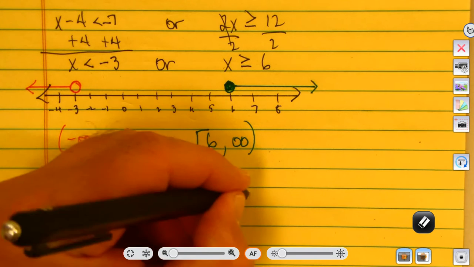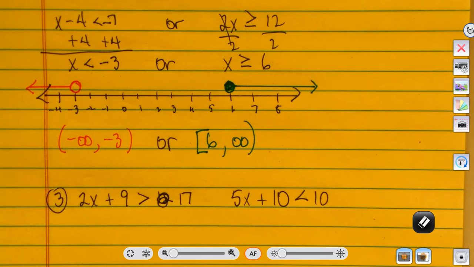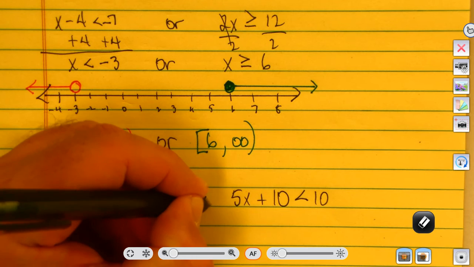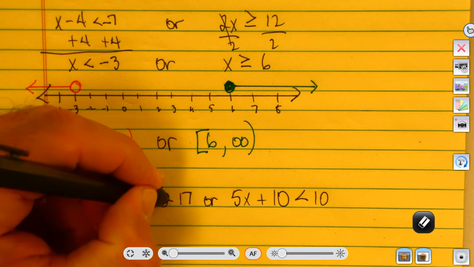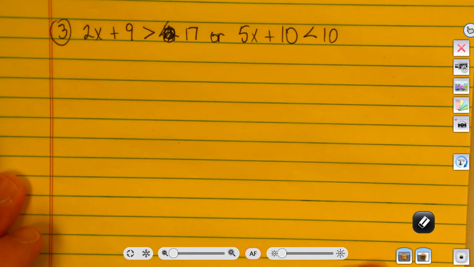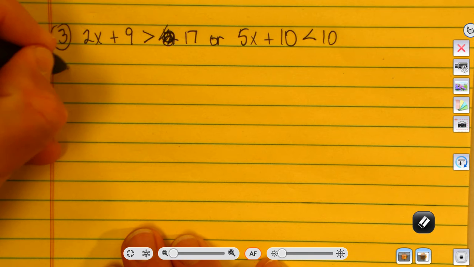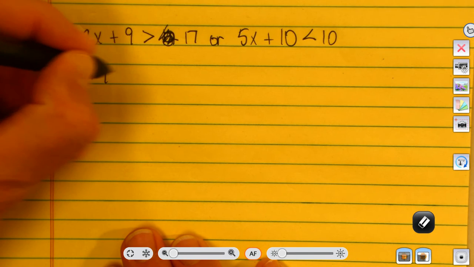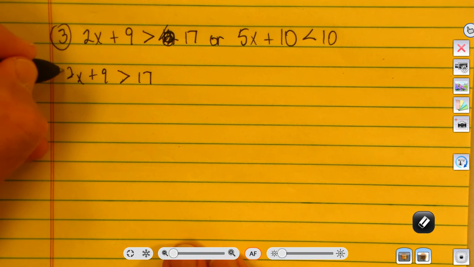And 5x plus 10 is less than 10. And this is an OR compound inequality. So we'll break it into 2 halves. 2x plus 9 is greater than 17. We'll work on that one first.